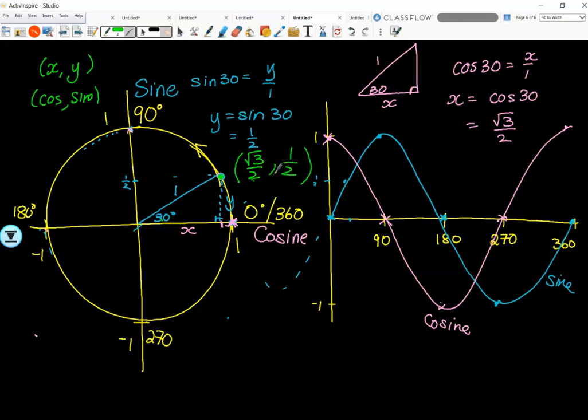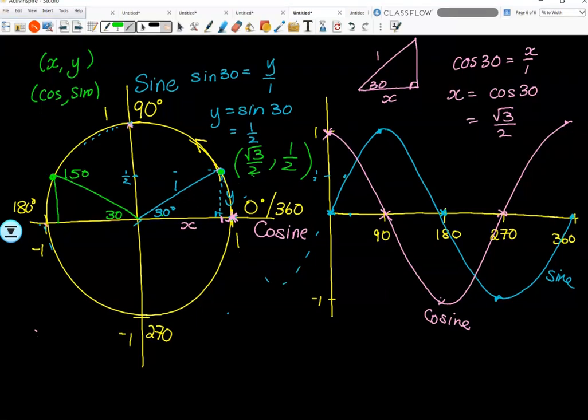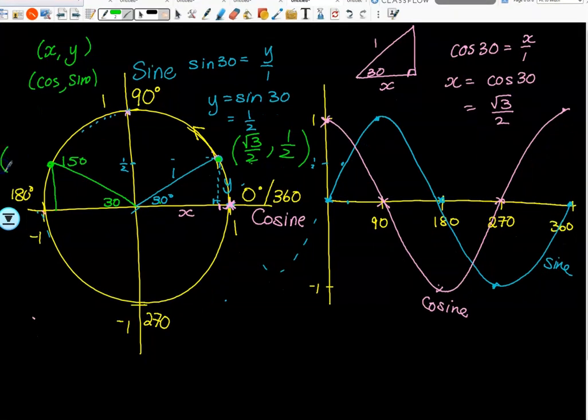Big whoop doop. Well, it's great, because now if I use symmetry, I've come up 30 degrees here. What's 180 take 30? 150. I already know this coordinate, do I not? It's come across the same length, but it's now negative. So root 3 on 2.